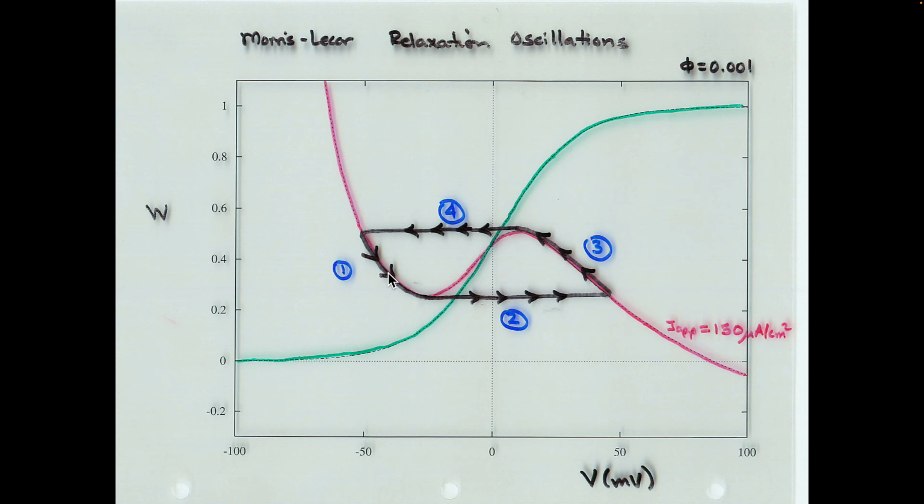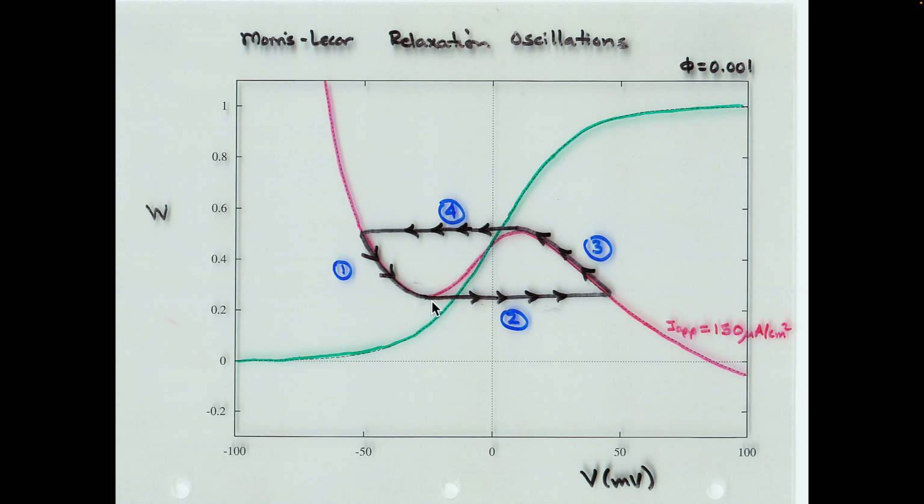What's happening in phase 1 is that the voltage is slowly increasing as you run up along this voltage null line, and W is decreasing during this phase. That means potassium channels are closing, and since you're closing an outward current, the voltage is going up.